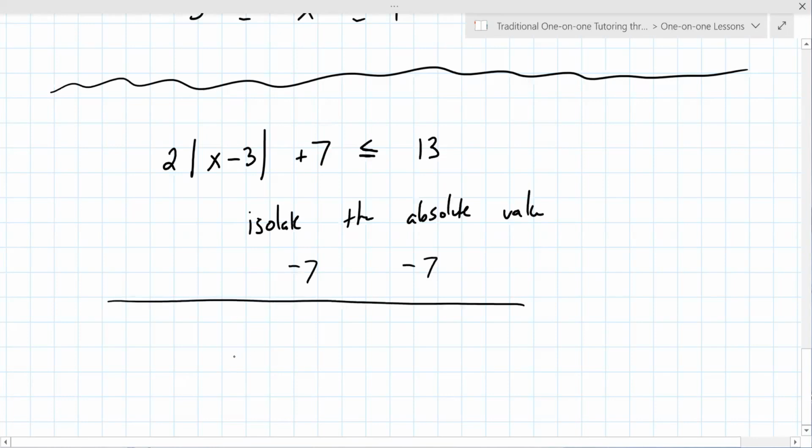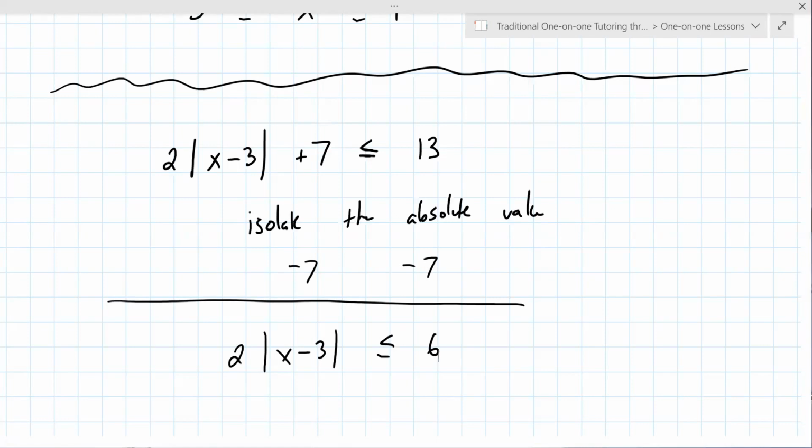Then once I get that, the absolute value of x minus 3 is less than 6, and then would you divide that by 2? Yes. Then the absolute value of x minus 3 is less than 3.